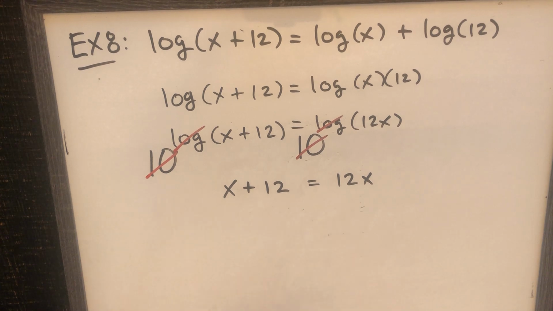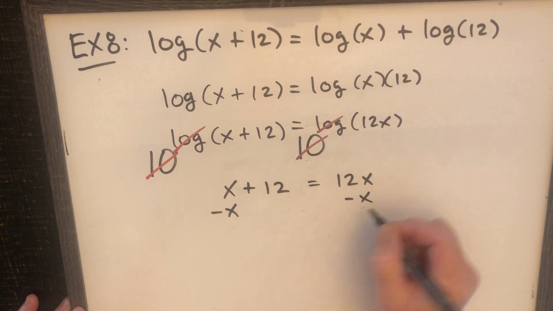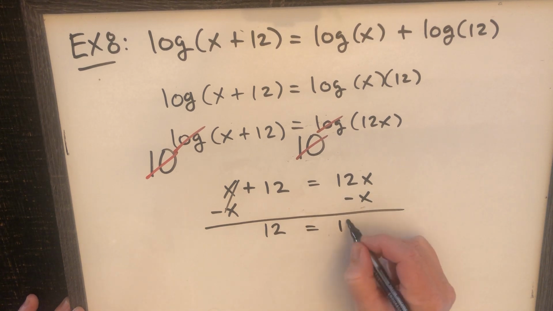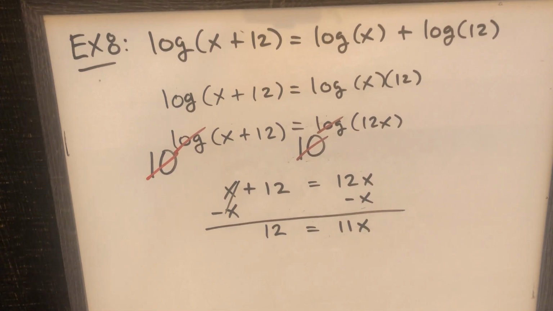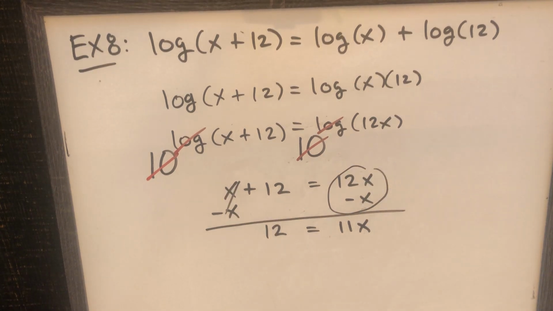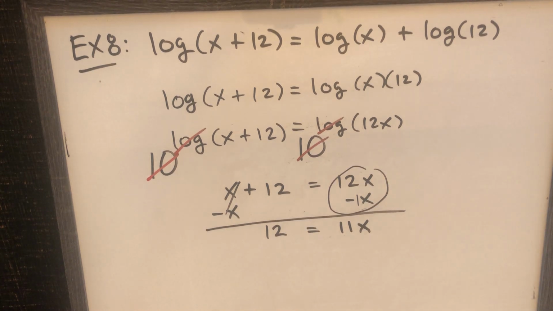So this is a linear equation. It has one solution. I actually like to solve this one backwards, moving the x to the right-hand side, which I normally don't do, but every once in a while. So I get 12 is equal to 11x. All right, 12x minus 1x is 11x.